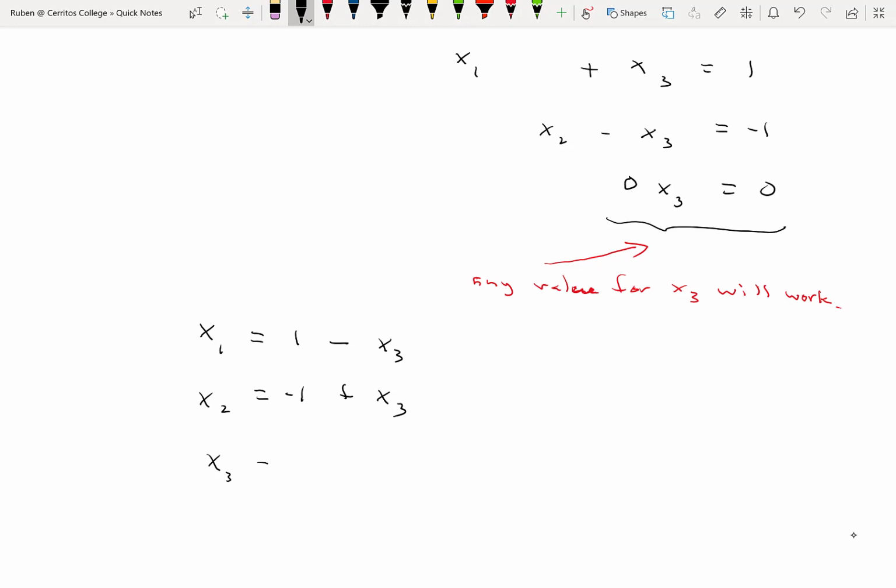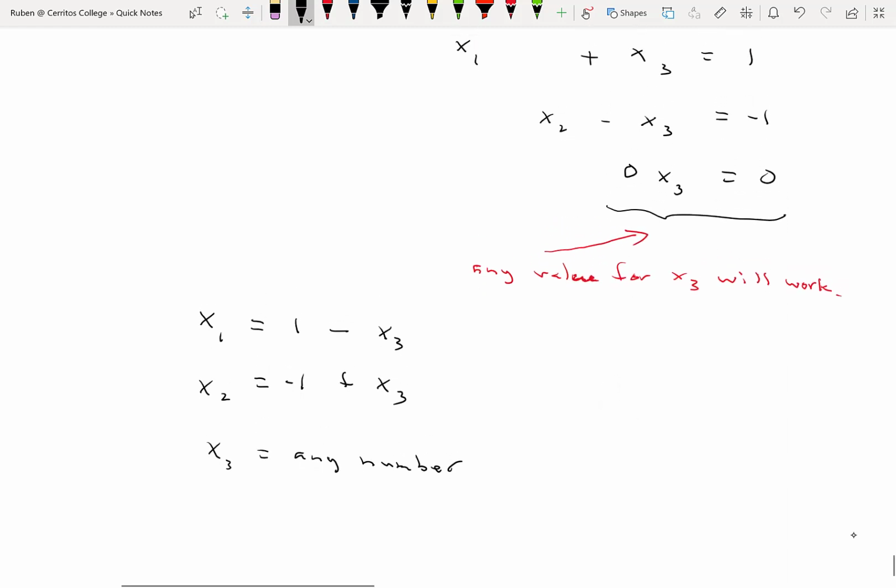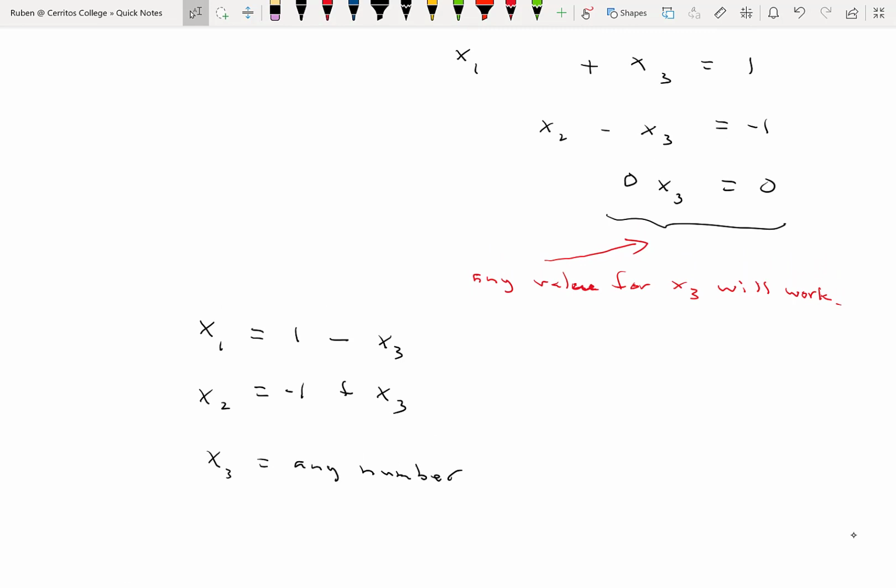And x3 equals any number. Any real number. Okay, so this system is consistent. Not only is it consistent, it has an infinite number of solutions.